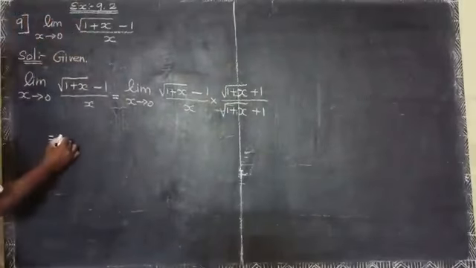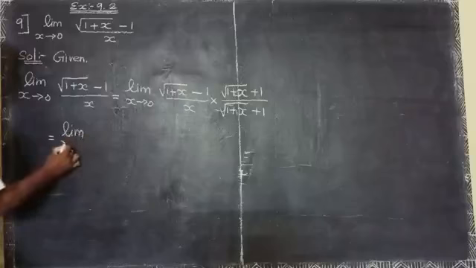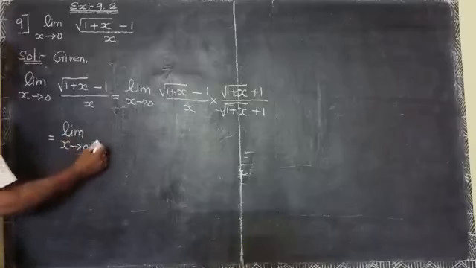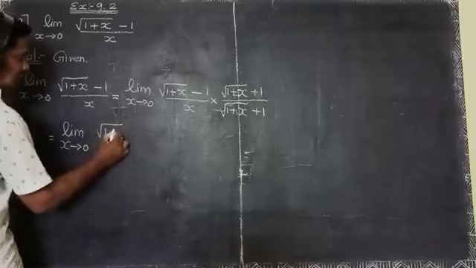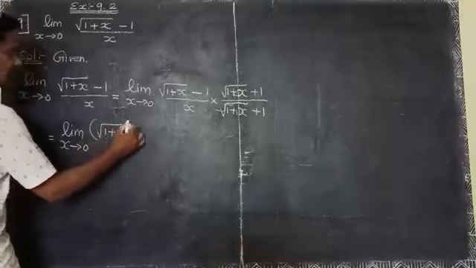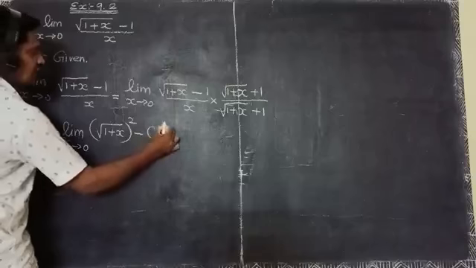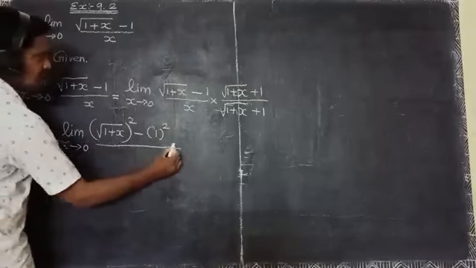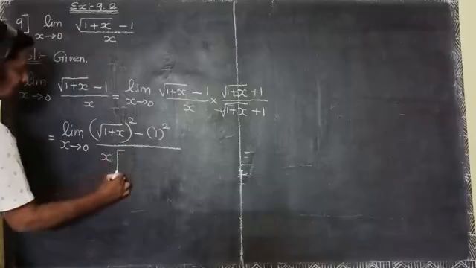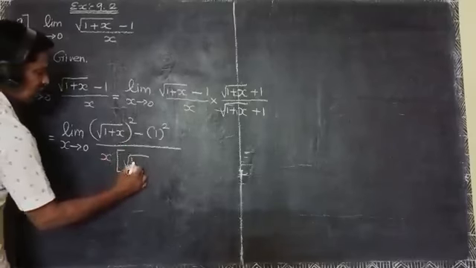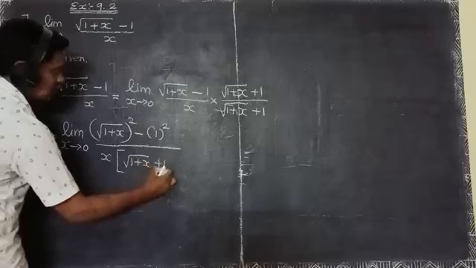Limit as x approaches 0, 1 plus x minus 1, this is a square minus b square, and the denominator is x into square root of 1 plus x plus 1.